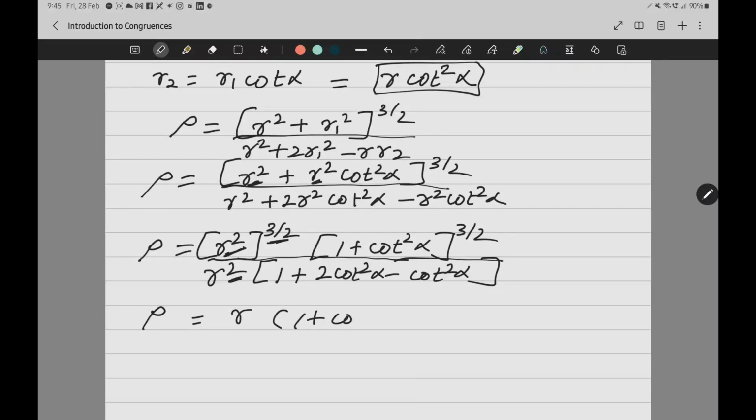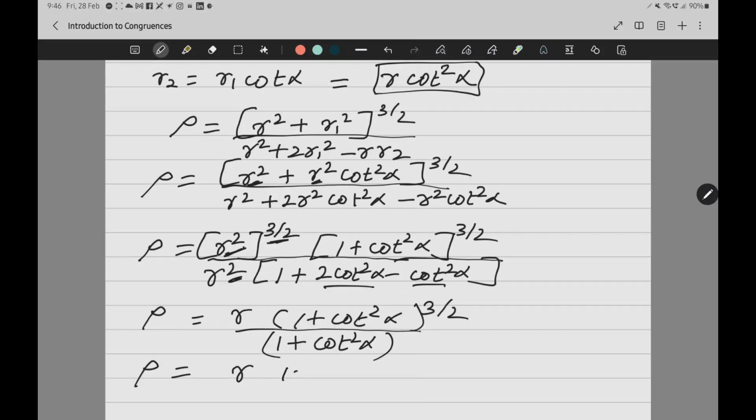1 plus cot square alpha power 3 by 2 upon 1 plus, again this is cot square alpha. Now again that exponent thing, 3 by 2 minus 1 is what? 1 by 2. Think like that. 3 by 2 is what? 1.5. And 1.5 minus 1 is what? 0.5. So I am left with rho is equal to R 1 plus cot square alpha power 1 by 2.